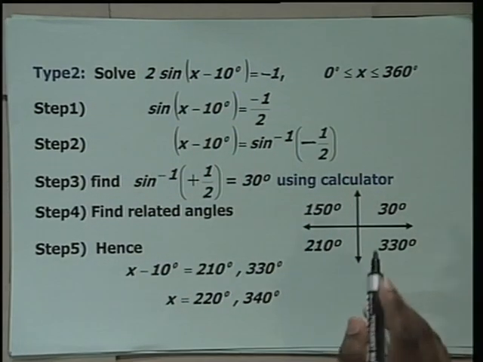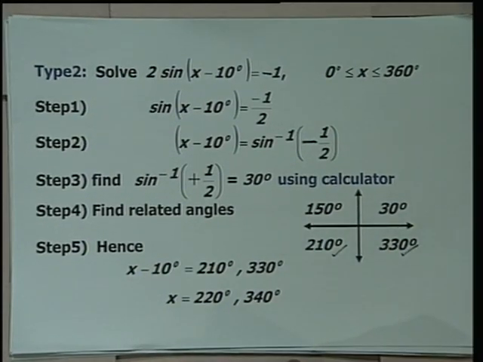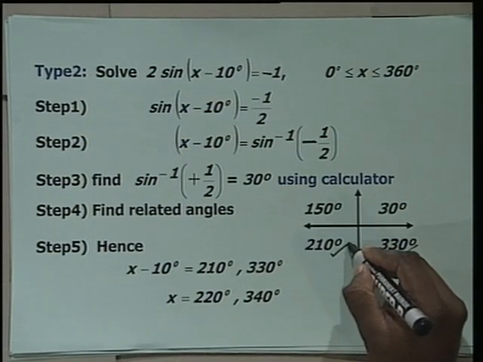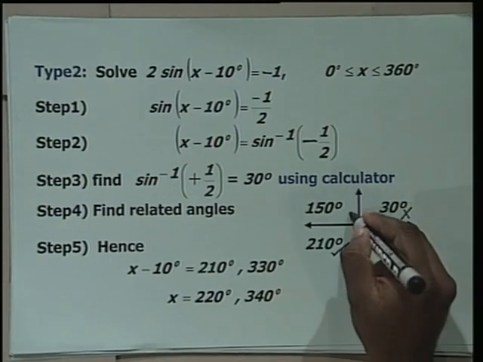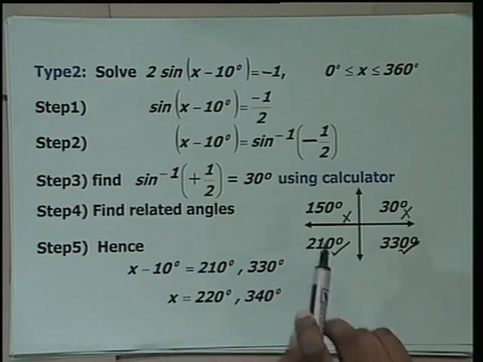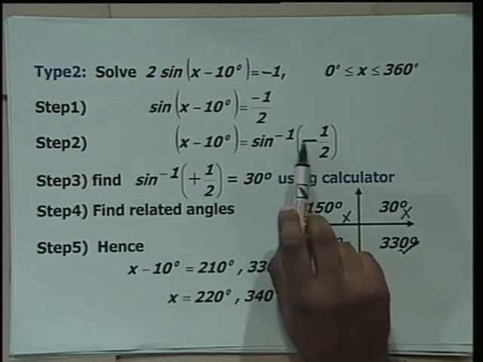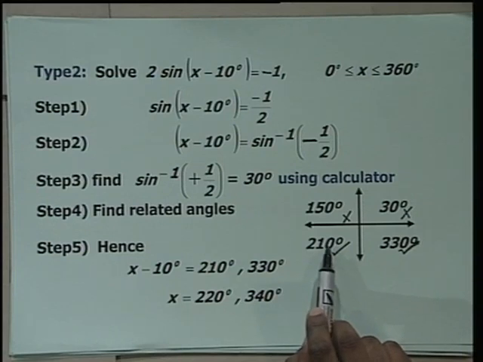And we know that they are the third and the fourth. So we are going to take angles in the third and the fourth. We are going to discard angles in the first and the second because sine is positive in the first and second. Which means sine inverse of minus half is equal to 210 and 330.